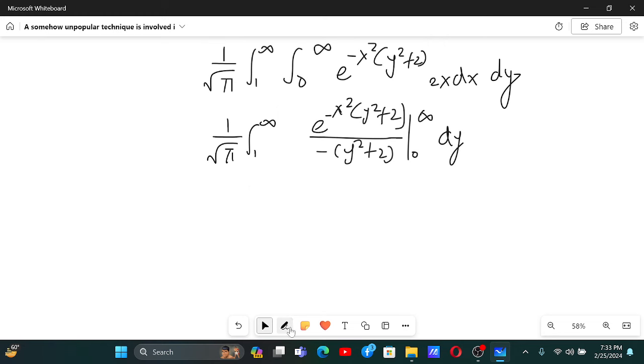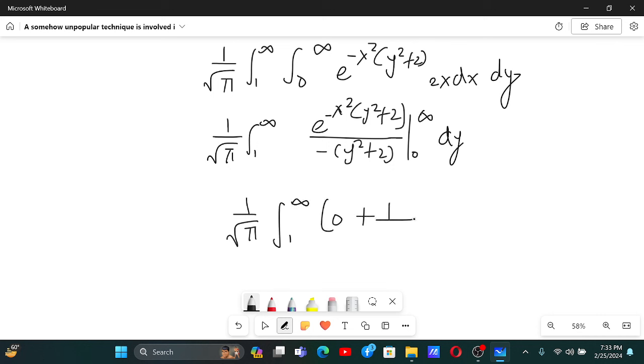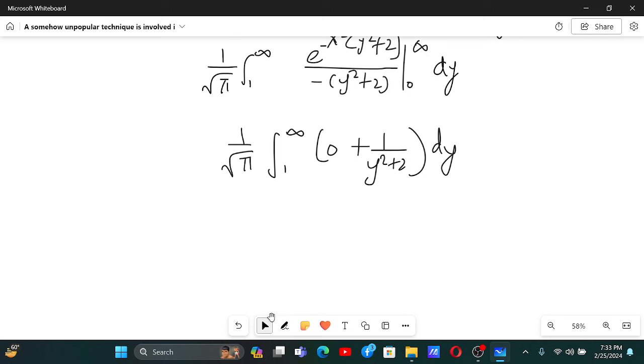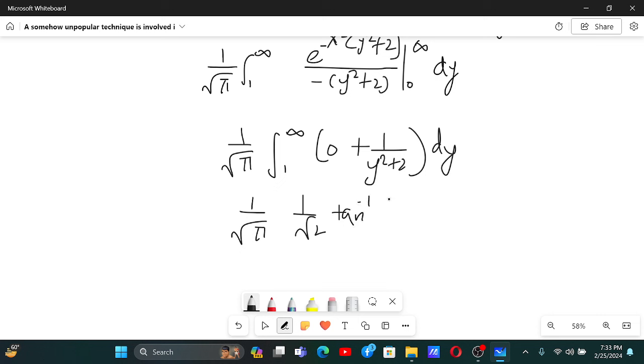Now for this, I can write this as 1 by root pi and the integral from 1 to infinity. At infinity this is 0, minus minus plus 1 by y square plus 2 dy. Now I can write this as 1 by root pi. This is just 1 by root 2 tan inverse y by root 2 from 1 to infinity.